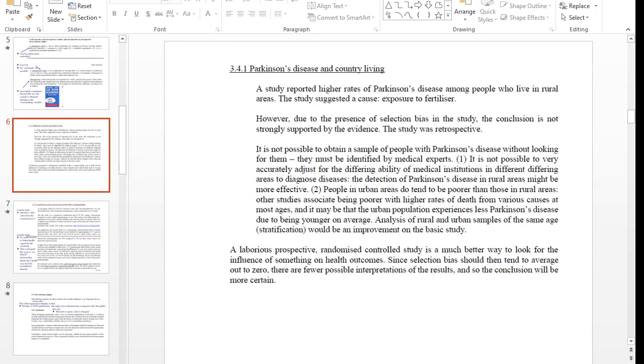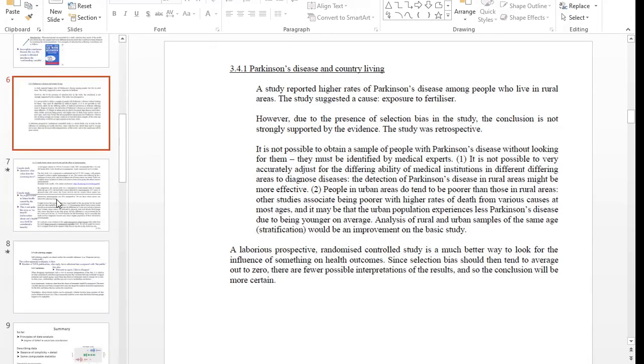It couldn't be done, and so you have to remember that when you're looking at this sort of observational data on health outcomes, it's very likely there's selection bias, and you need to consider in this type of study population age and efficiency of medical diagnosis as well, in the case of diseases which you only learn about when they are diagnosed by medical doctors. Right.